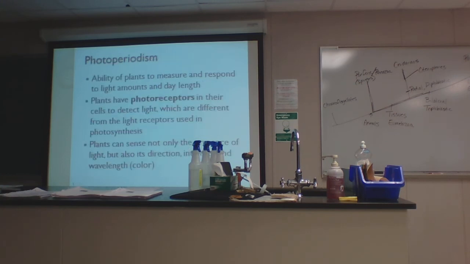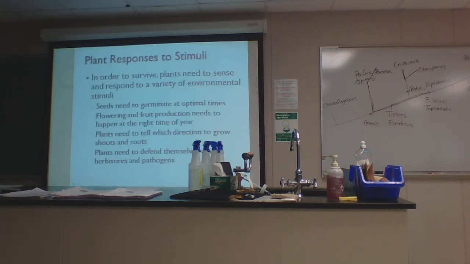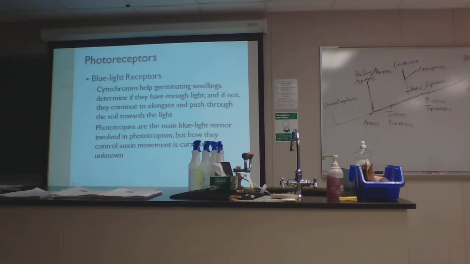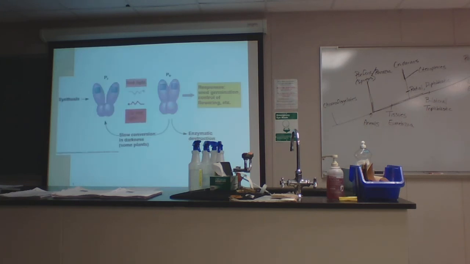Okay, and then you have these different plant responses. Photoperiodism is the plant's ability to detect light. That allows them to bend towards the light, which is phototropism. And that also allows them to tell what time of day it is or what time of year it is. They do that with these photoreceptors that actually change shape when different shades of light hit them.